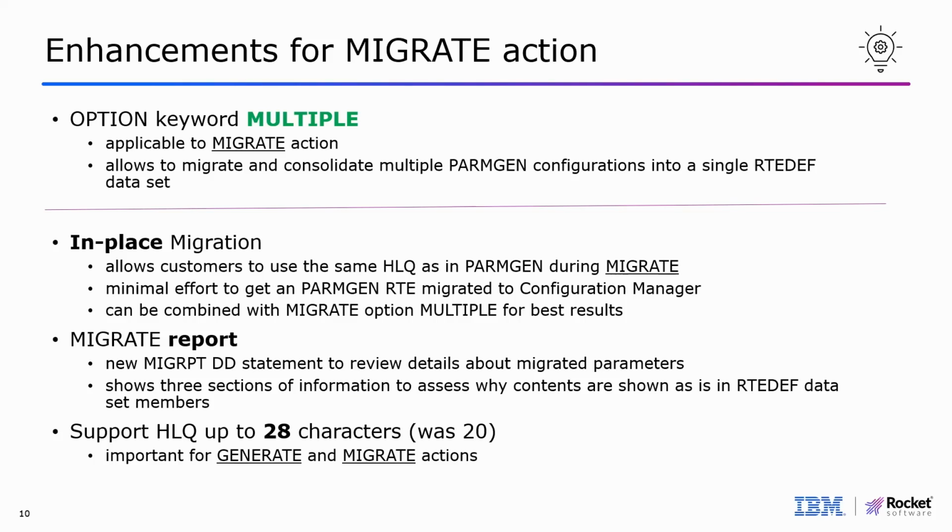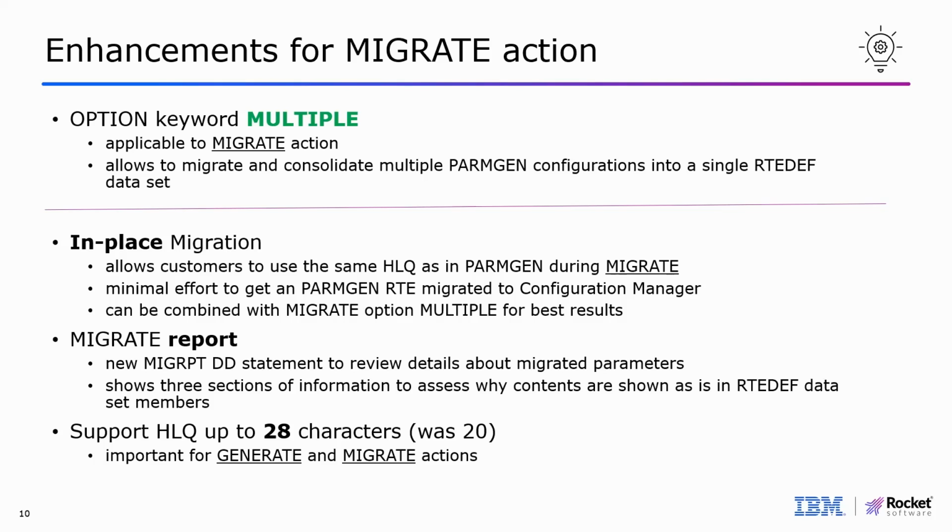So the first addition to migrate was the fact that you can specify which LPAR scope you want to use when migrating a ParmGen configuration. And that is effectively done using the multiple keyword. We'll see an example in a minute.